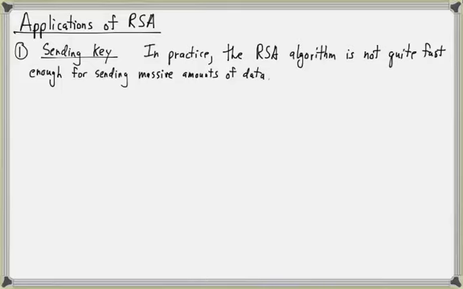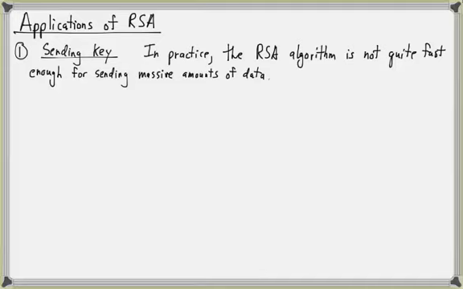There are other crypto systems which are better at sending massive amounts of data, but they're not public key systems. So the key for these faster systems must be kept secure.